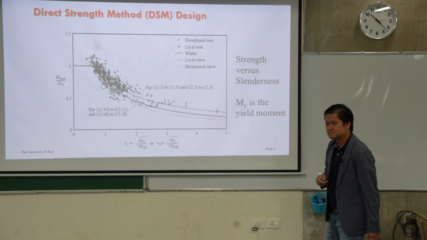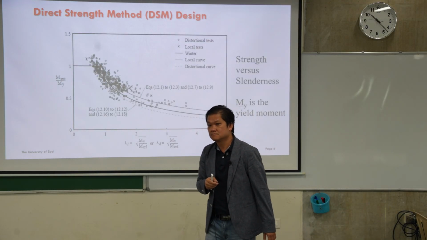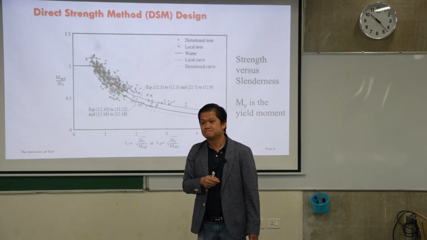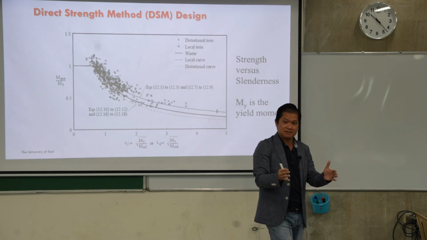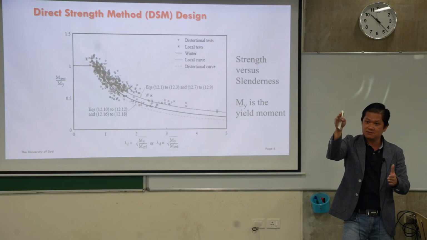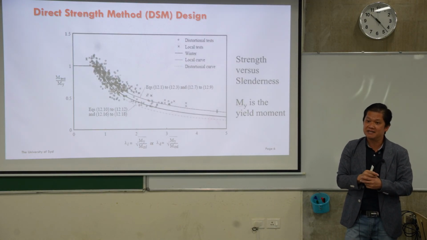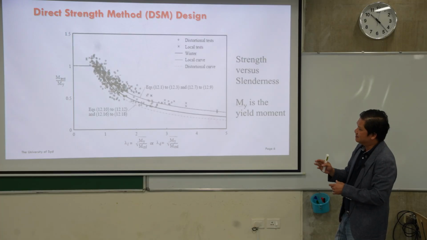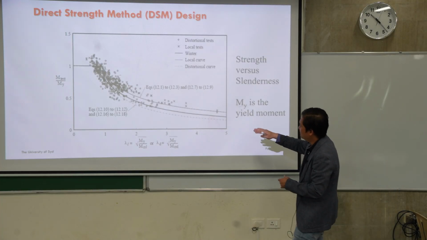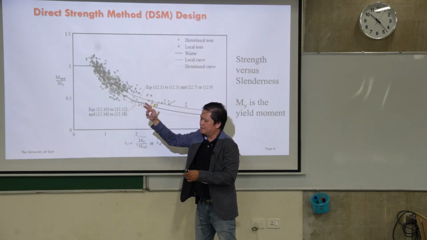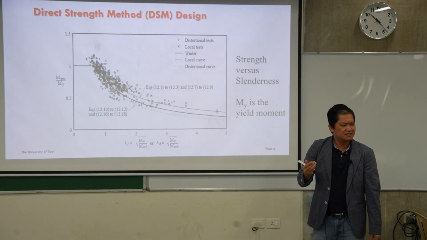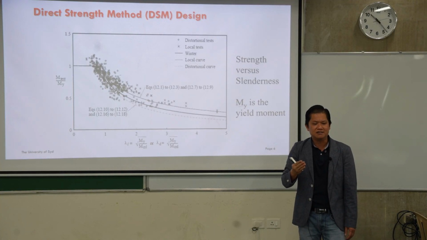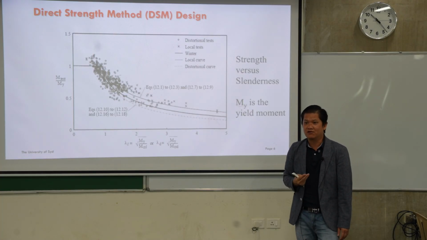There may be some imperfections in the tubular sections. Yep. Maybe not residual stress, but imperfection may have some effect. Has some effect. So that's why, at that range, it is taken into a lot of account. So that's why it dropped a bit, it lies a bit down. Okay. So you can see even Professor Ben Schafer proposed that one, but the equation is really based on the theory, all right?